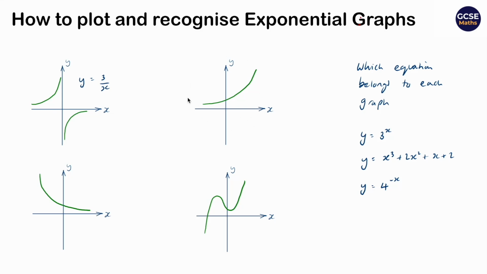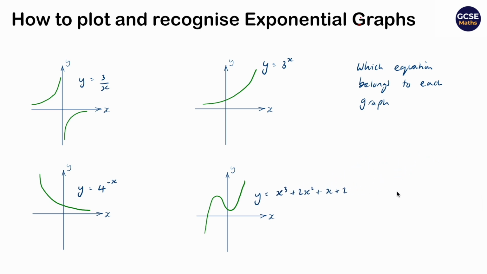So that is something like y is equal to 3 to the power of x. This one here is decay, so something is dying. That one has a negative power, so y is equal to 4 to the power of minus x. And finally, we should recognise this is a cubic. In other words, the highest power of x is 3, and that's that one there.